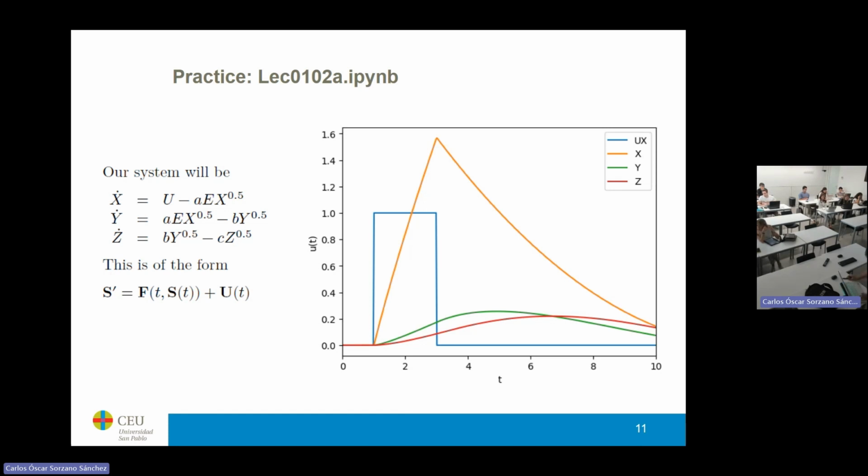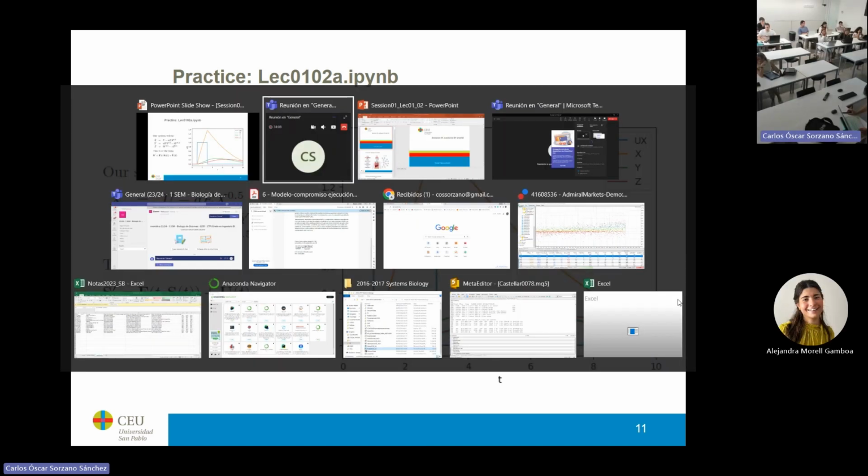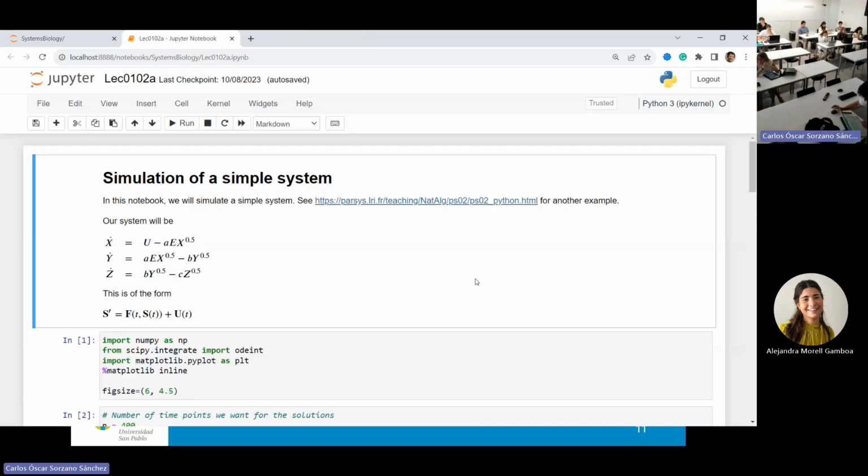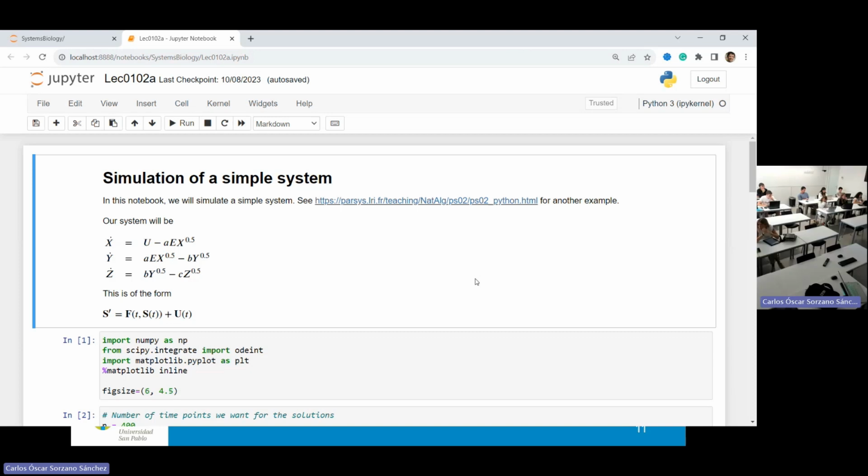Okay, so let's look at the code. So the code should be here, and here we have it. This is a Jupyter notebook. Some text describing what we are doing.